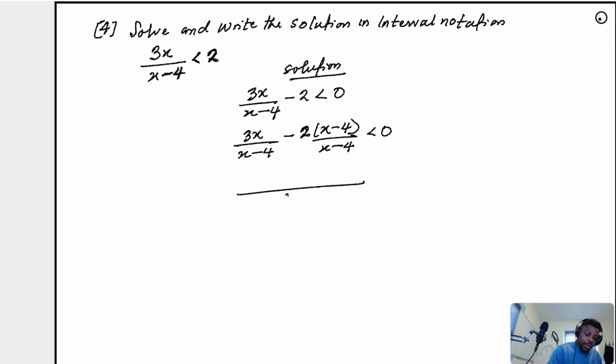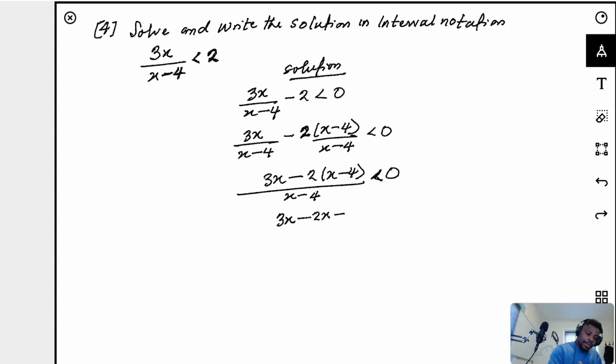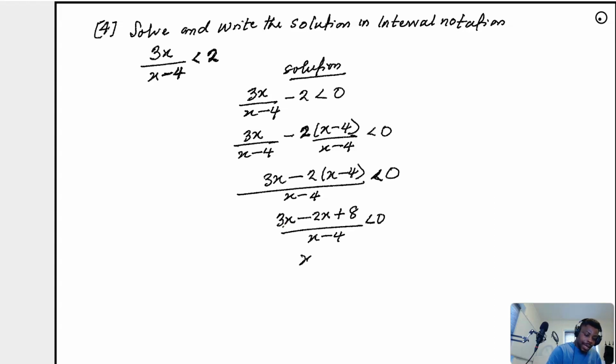So this is x minus 4, and this is 3x minus 2 bracket x minus 4 less than 0. So this is 3x minus 2x plus 8 over x minus 4 less than 0. So that is x plus 8 over x minus 4 less than 0.